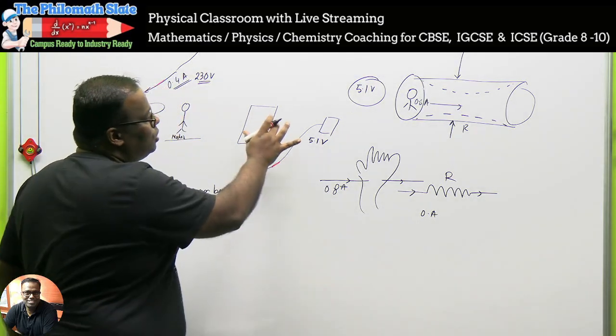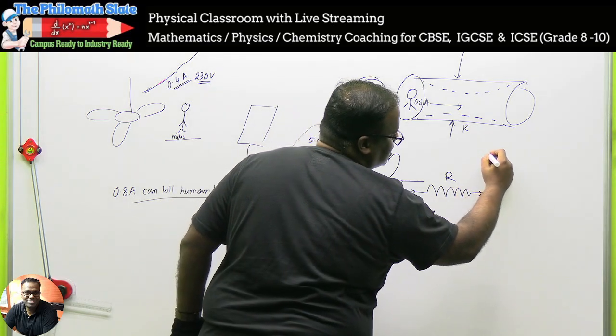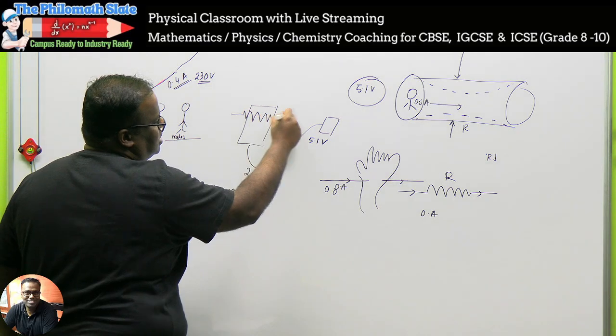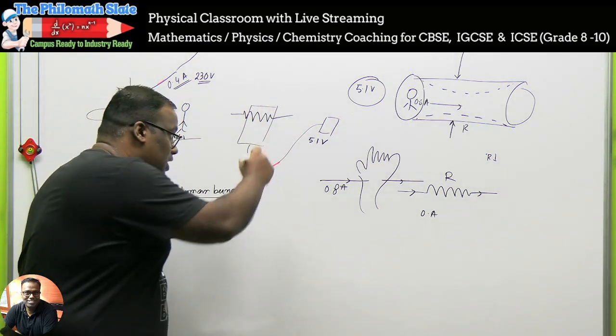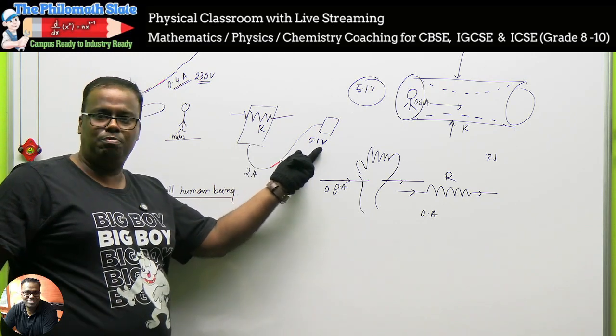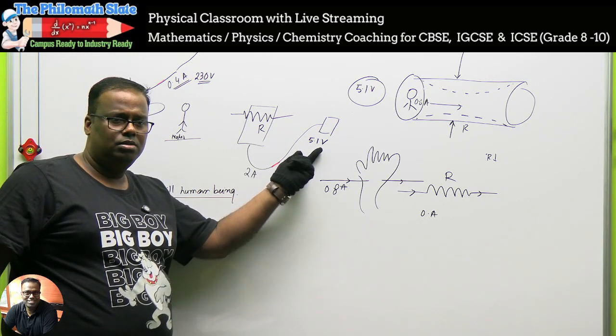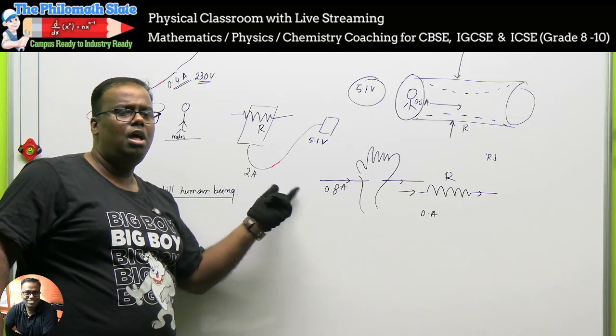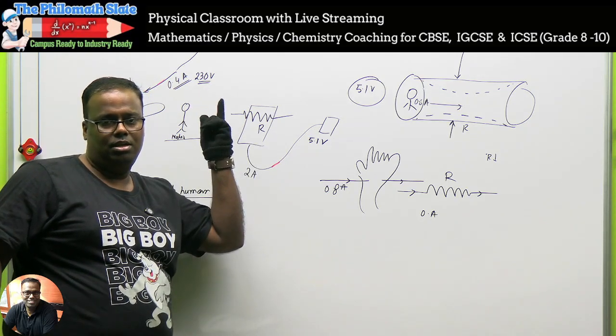When you talk about the mobile, its resistance is much lower. Overall, the mobile is a resistance, right? This resistance is such that when you give a kick of 5.1 volt, it's a big tunnel. The moment you give 5.1 volt, 2 ampere happily passes through it.